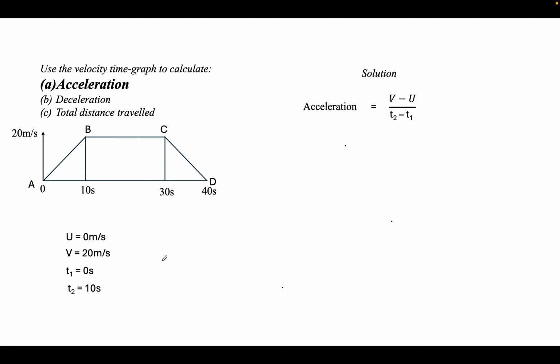So let us substitute this in our acceleration equation. So therefore acceleration is equals to 20 minus 0 all over 10 minus 0, and this is the same as 20 all over 10, because 20 minus 0 is equals to 20, 10 minus 0 is equals to 10. So 20 divided by 10 is equal to 2. Therefore our acceleration is equal to 2 meters per second square.